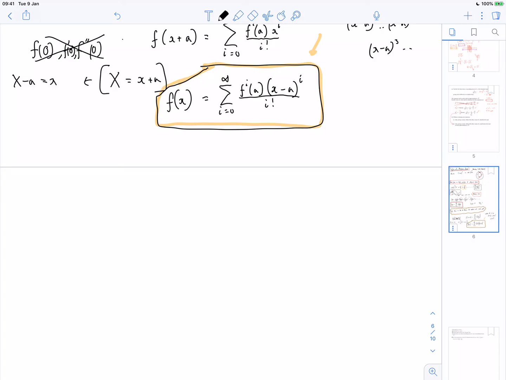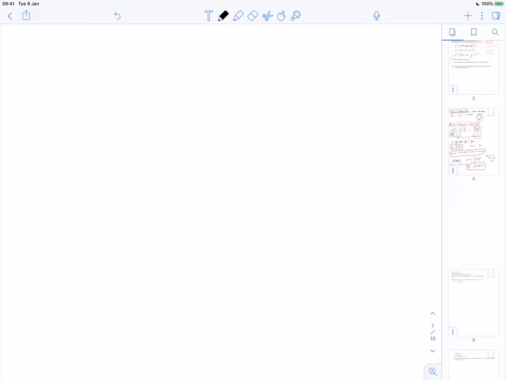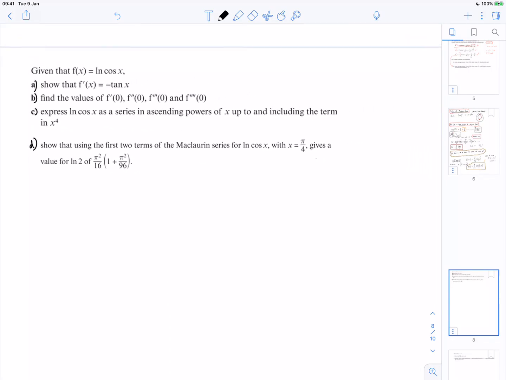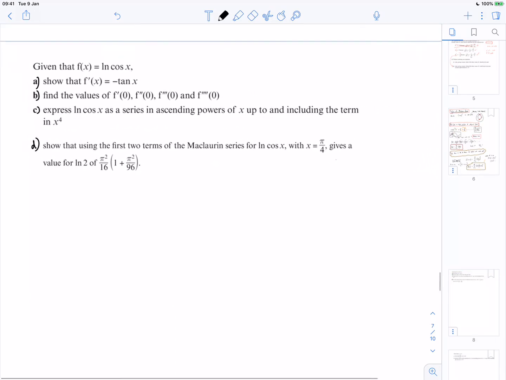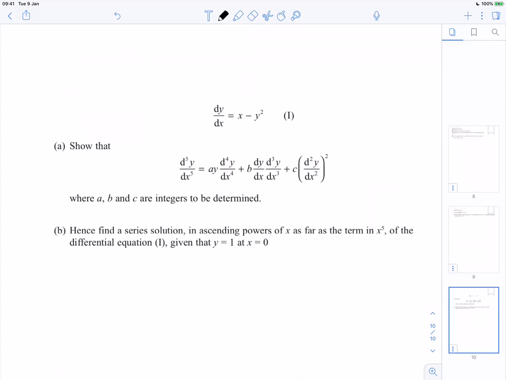Let's do, well, no, you know what? Let's just go through the examples. I don't know why I made an extra page. So, okay. Well, this is a Maclaurin one, and then I think the next one, yeah, that's a Taylor series, and then the last one, that's also a Taylor series.